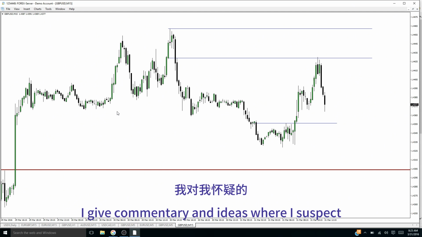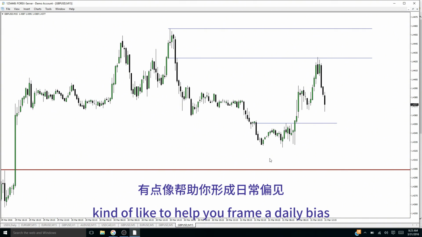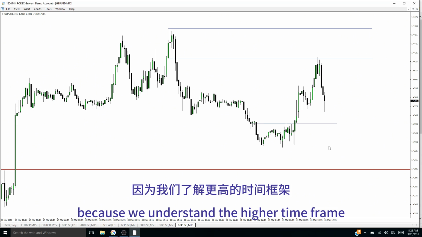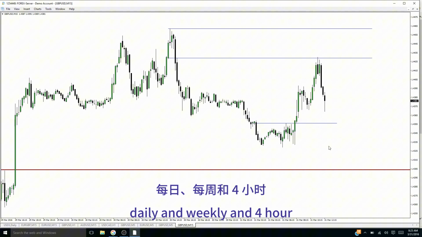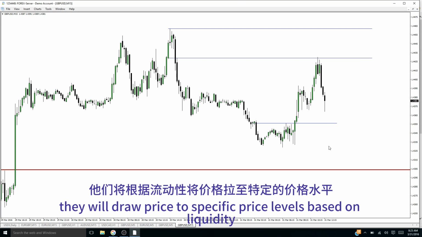I give commentary and ideas where I suspect price will most likely reach for, kind of like to help you frame a daily bias, or at least a foundation to it, because we understand that the higher time frame, daily and weekly and 4 hour, those types of time frames, they will draw price to specific price levels based on liquidity.